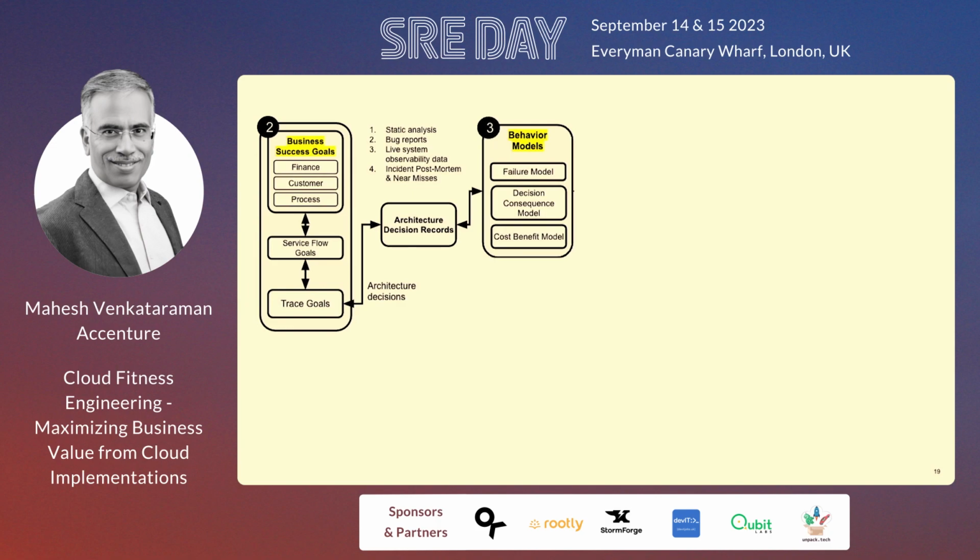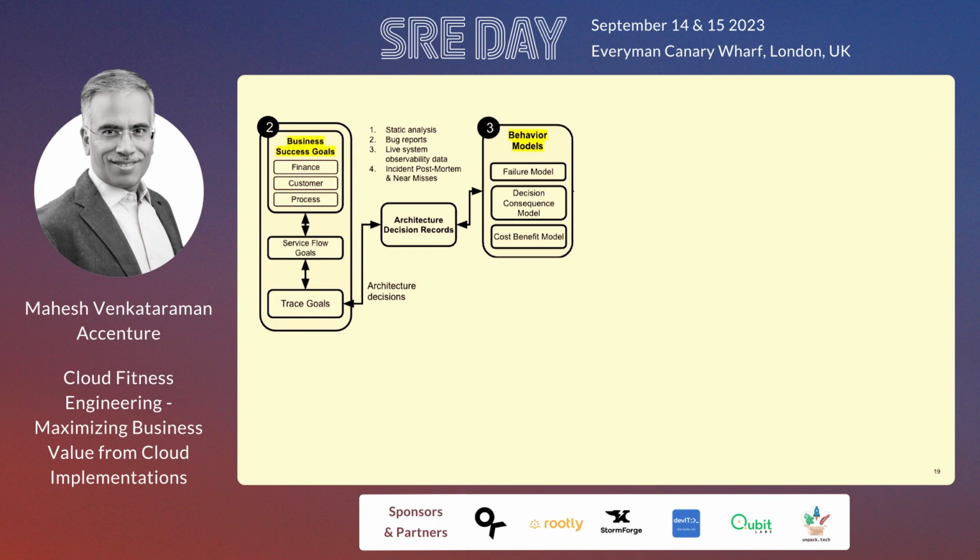And now next is behavior models. There is so much talk about observability, rightfully so, but observability is still a lot of data. The observability data must be abstracted as behavior models. And we suggest, based on experience, three kinds of behavior models: failure models, decision consequence models, and cost benefit models.